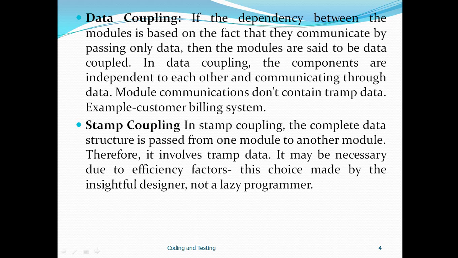What is data coupling? In data coupling, data can be shared among modules, but the data cannot be changed or modified. For example, take a customer billing system, the EB bill system.